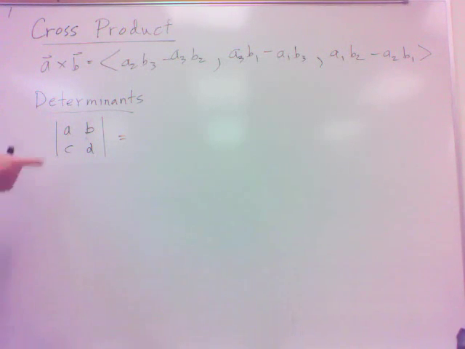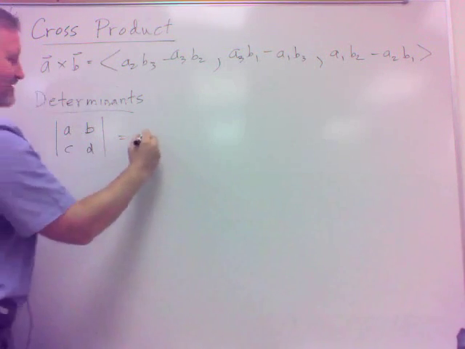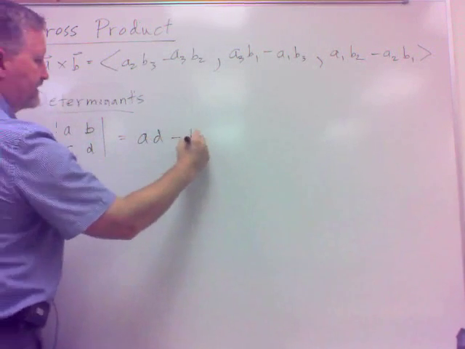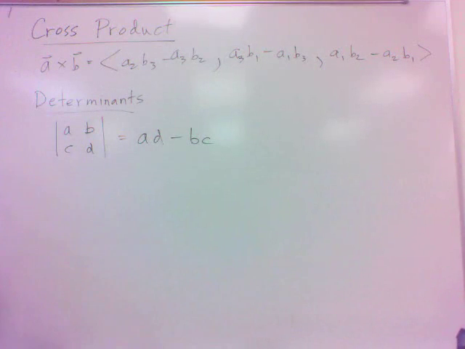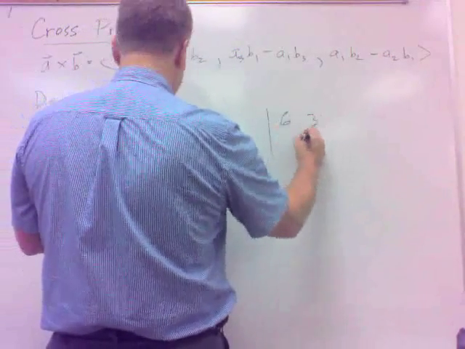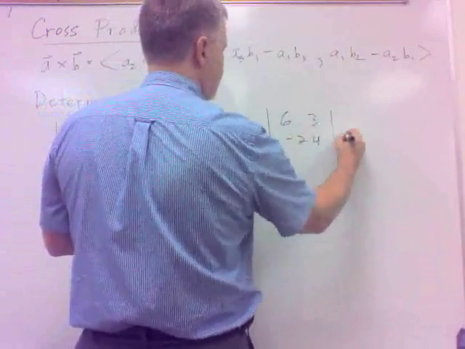What we're going to do is some multiplying and subtracting. Remember what it was? AD minus BC. You multiply the A and the D, and then you subtract the product BC. That's always how you would do a determinant of a 2 by 2 matrix, and that's just going to give you a number. So what would the determinant of 6, 3, negative 2, 4 be?